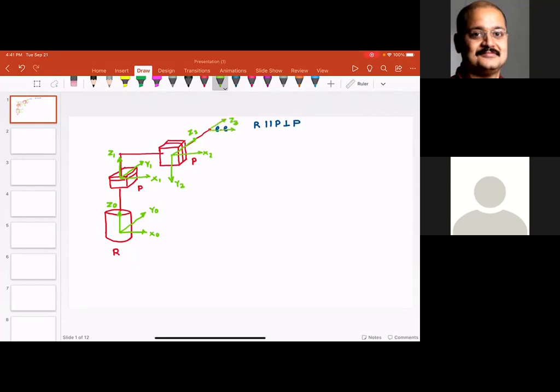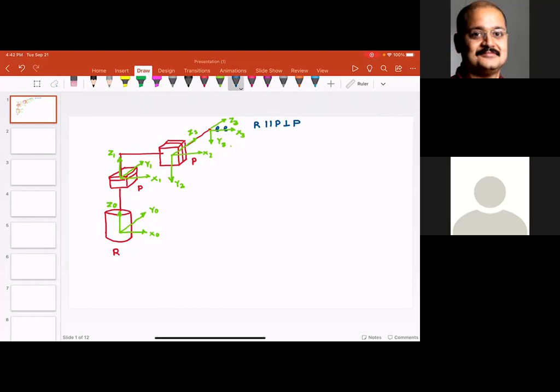I'm going to draw my coordinate systems like this. Z-axis is in the direction of actuation. X-axis is perpendicular to Zn and Zn minus 1 and intersecting with the Zn axis and Zn minus 1 axis. Right hand coordinate system.